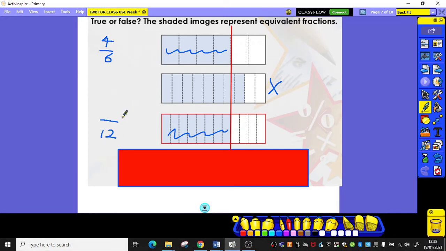And my numerator, which tells me the amount that is blue, I can see that 4 is left, so 12 take away 4 is going to give me 8. So I can see that 4/6 and 8/12 are actually the same amount of a bar. They are equivalent. However, as we said earlier, 8/10 is not equivalent to these two fractions here.